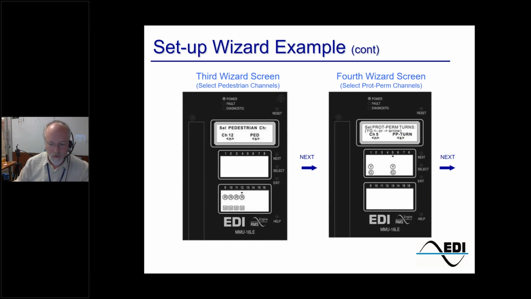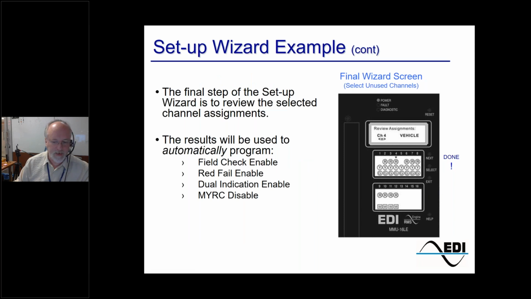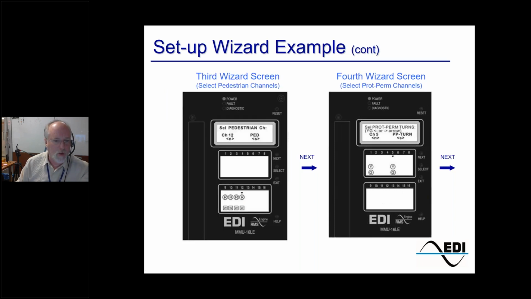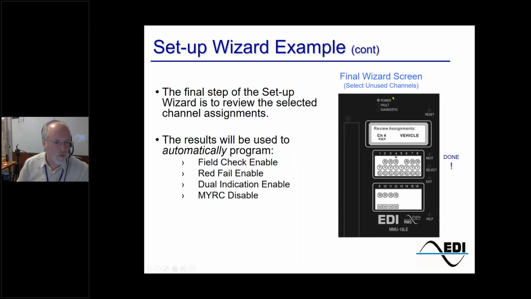Now we're almost done, because after you say next from this, it's now going to give you the review, telling you this is what you told the intersection. The monitor believes that this intersection is an 8-phase intersection, that phases 3 and 7 are protected left turns, meaning a red arrow, yellow arrow, green arrow, that phase 1 and 5 are protected permissive, meaning 5-segment head, and channels 2, 4, 6, 8 are all red, yellow, greens.